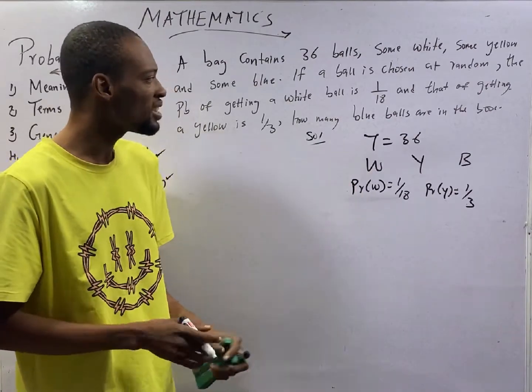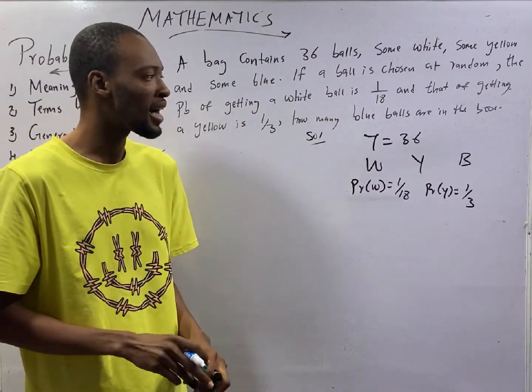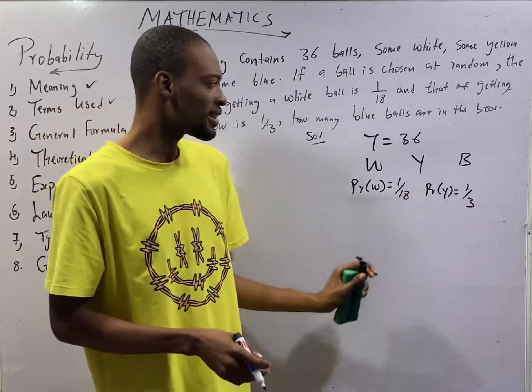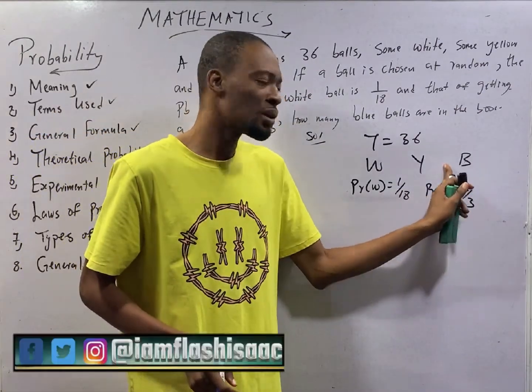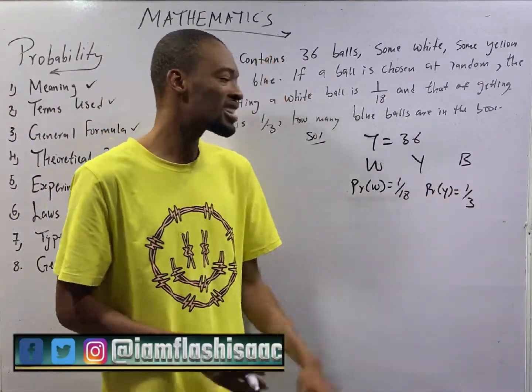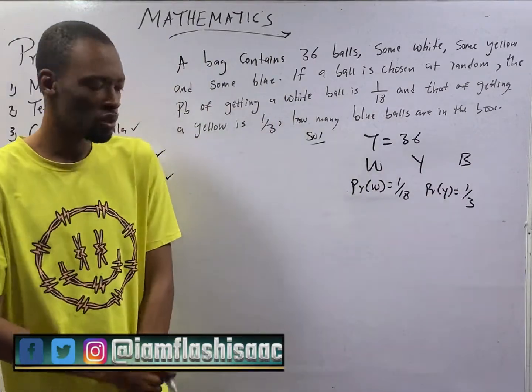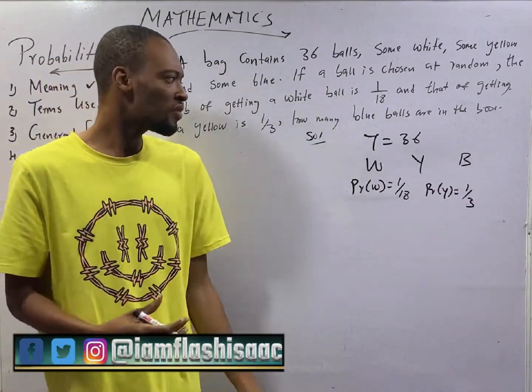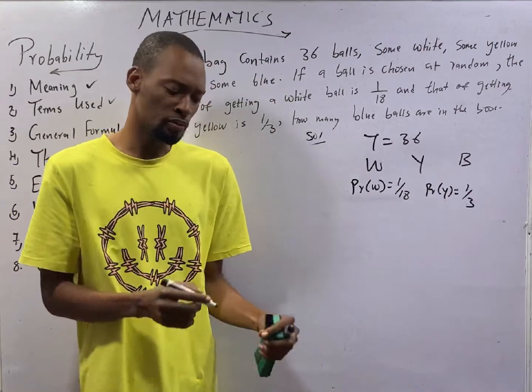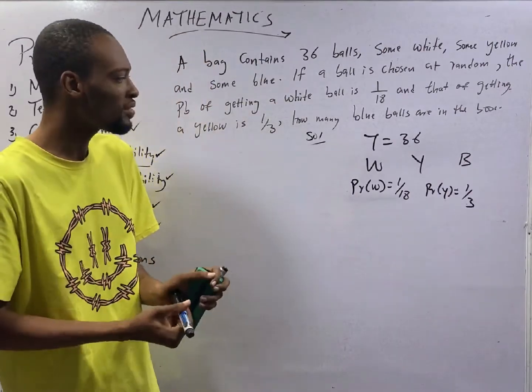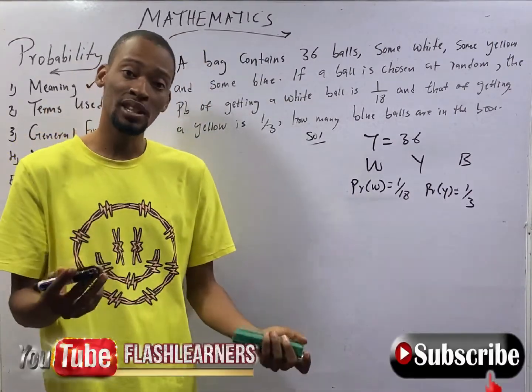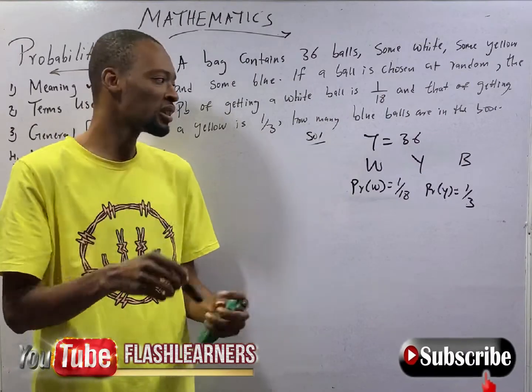But the question is saying, how many blue balls are in the bag? They did not say we should find the probability of blue balls. They said how many blue balls. If they had said probability of blue balls, it would be easy for us because the total probability is 1. Probability cannot exceed 1.